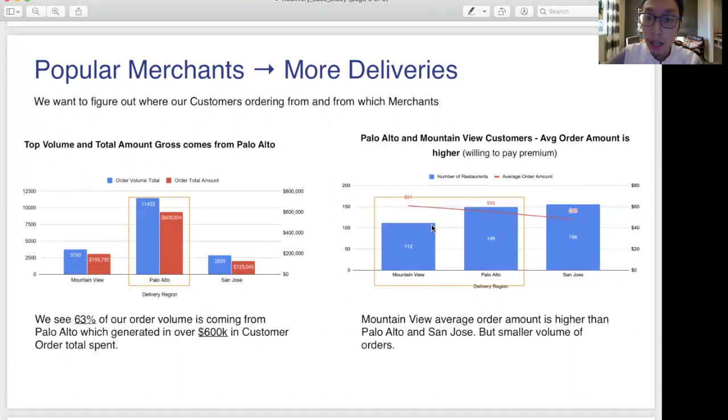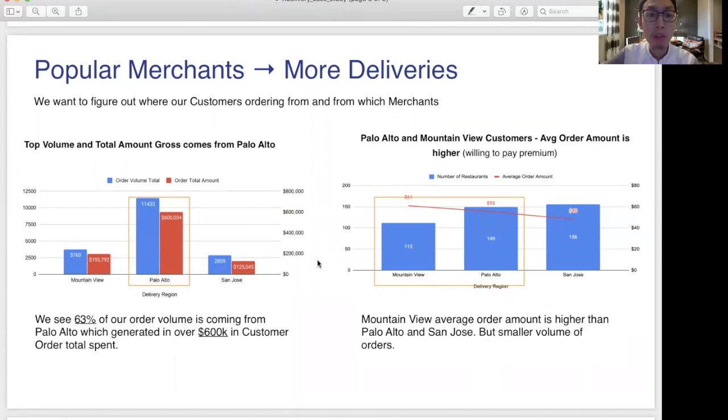And then on the right-hand side is a graph showing that Palo Alto and Mountain View customers' average order amount is much higher. So they're willing to pay a premium compared to San Jose. So here we're able to pretty much identify that much of the orders are coming from the Palo Alto region, and they're able to spend at a higher order amount per order compared to the San Jose region.